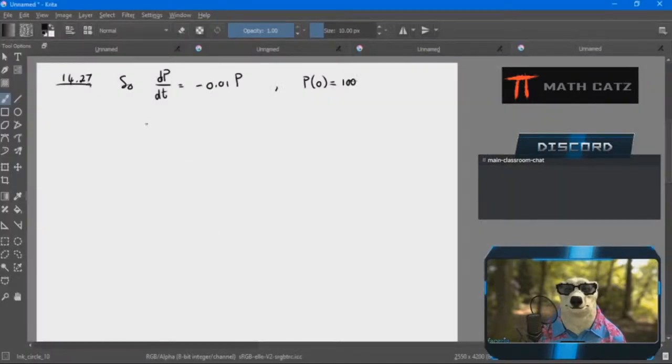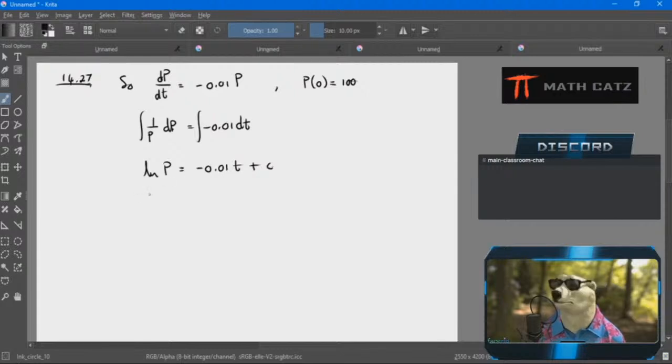So I'm going to go about my business and solve this the exact same way, separating the variables, keeping the constant on the right, integrate both sides, natural log of p in this case, negative 0.01 t plus a constant.